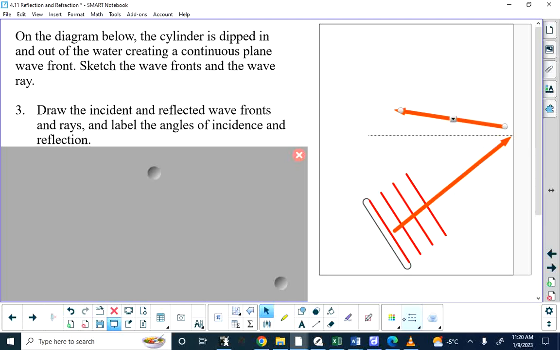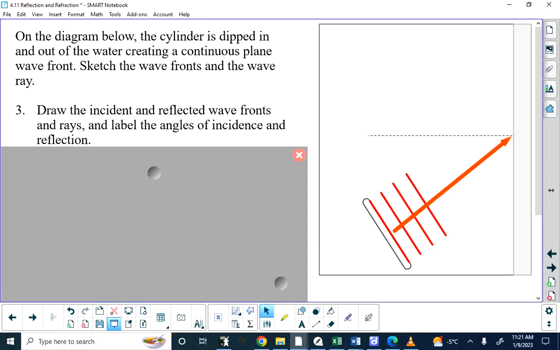Now, if I asked you to draw in the reflected waves, I think you would agree that drawing in the wave fronts that are reflected is more difficult to wrap your head around.